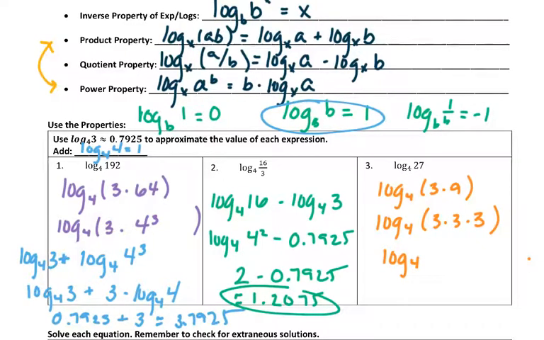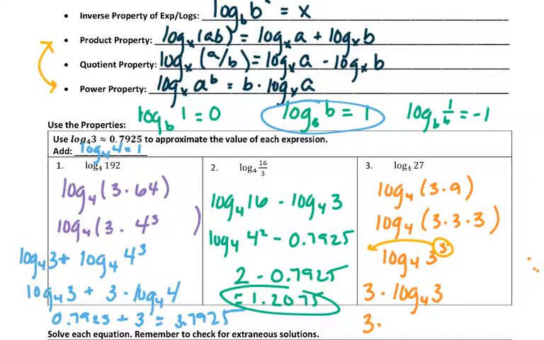You could write this as log base 4 of 3 plus log base 4 of 3 plus log base 4 of 3, writing it 3 times, or you can write this as 3 to the third power. You can then bring this 3 out front because that's using the power property. So this is 3 times log base 4 of 3.